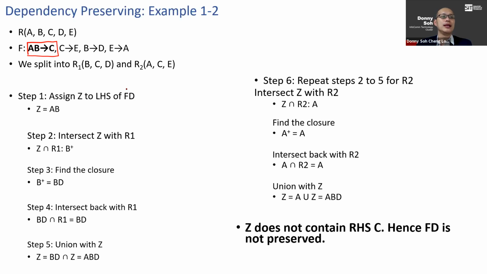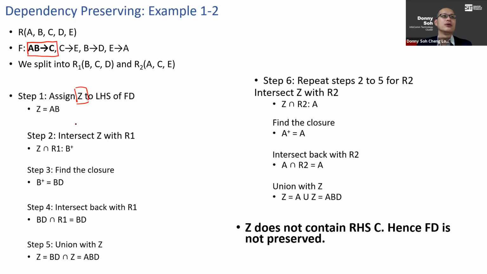First, we define a variable known as Z. For the FD that we want to check, we assign the left-hand side of the FD to Z. In this case, the left-hand side of the FD is AB, so we assign AB to be the value of Z. This is the first step.